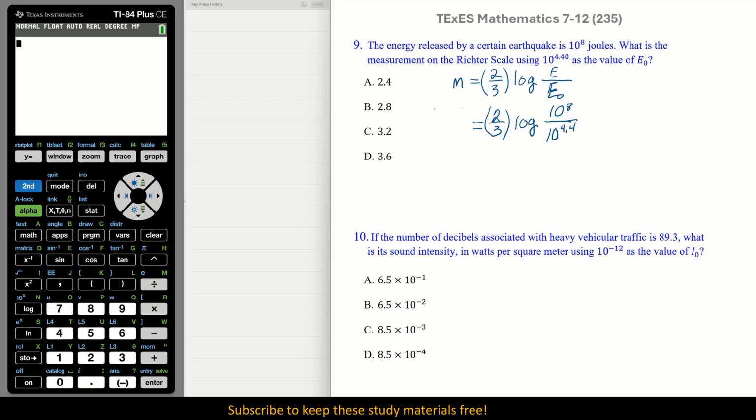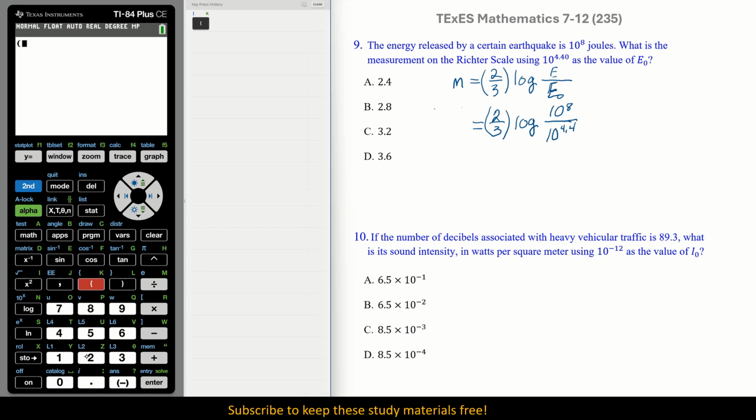Okay, so we could simply enter it in the way we see it, because we're simply looking for a decimal value. So let's give it a whirl. We will have to be careful with how we enter this.